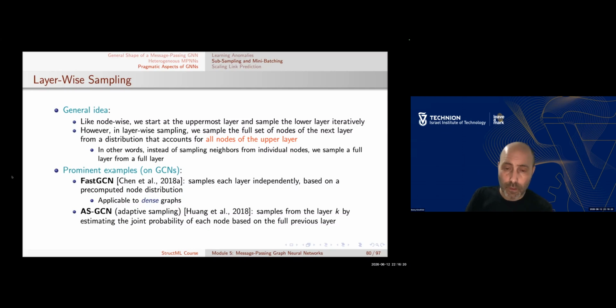And ASGCN actually uses some conditional probability or joint probability between layer k and layer k minus one, with basically the intuition that if a node is a neighbor of many nodes from the previous layer, from the upper layer, then it has a higher probability of being selected because it's actually useful to take this node in order to evaluate the upper layer.